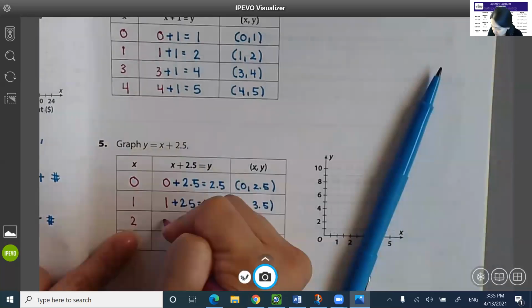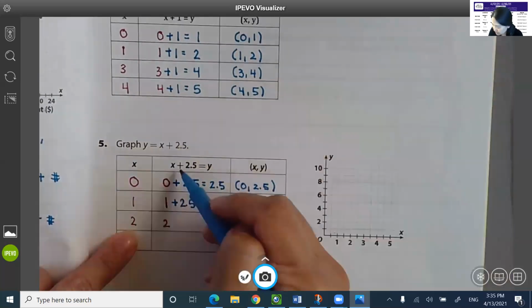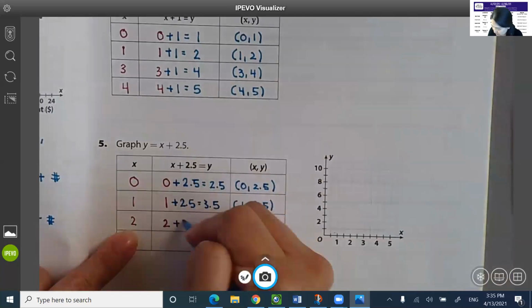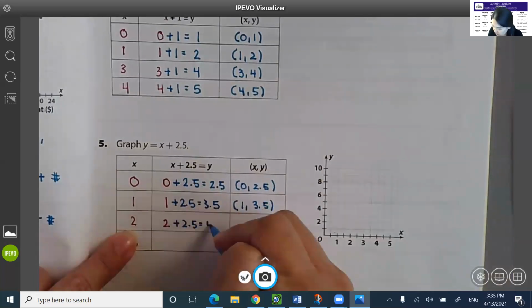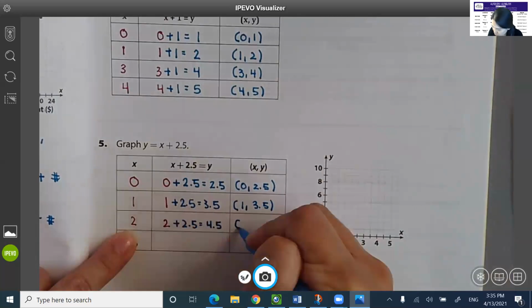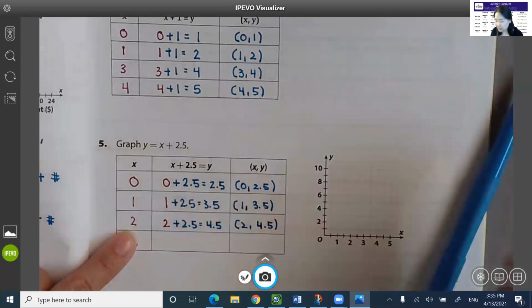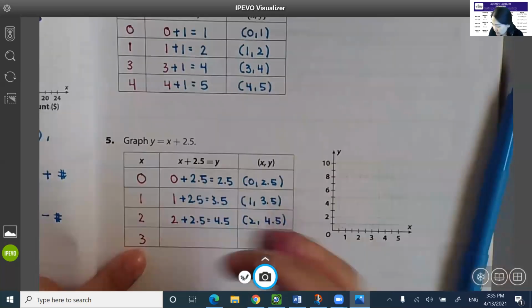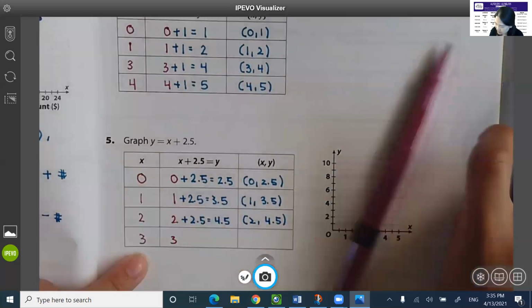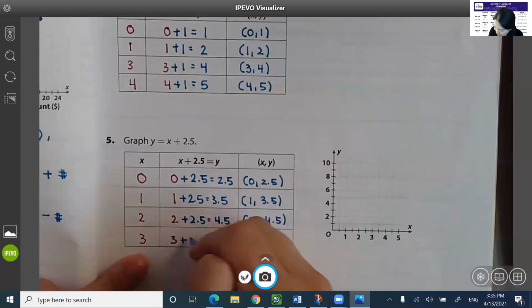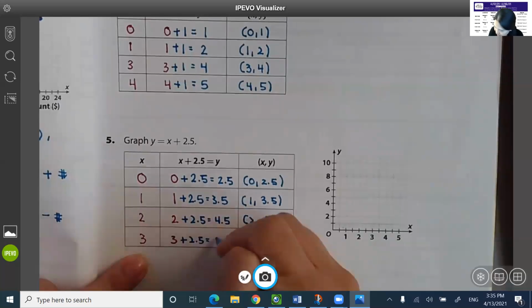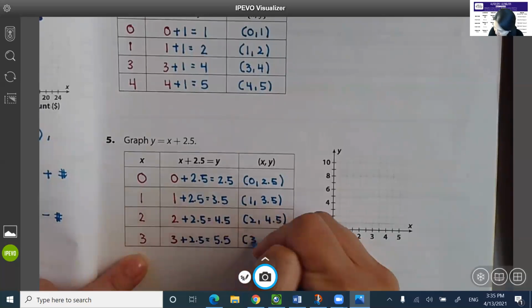What about when x is 2? 2 plus 2.5, which is 4.5. So when x is 2, y is going to be 4.5. Last one. When x is 3, plus 2.5, so my y is going to be 5.5. So when x is 3, y is 5.5.